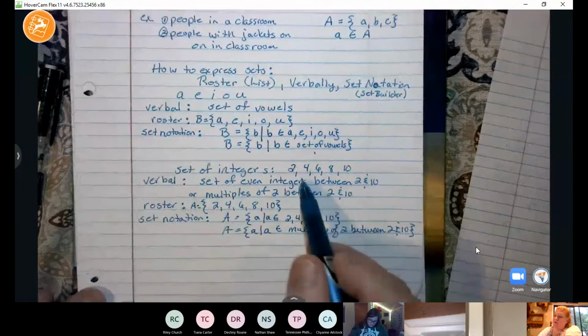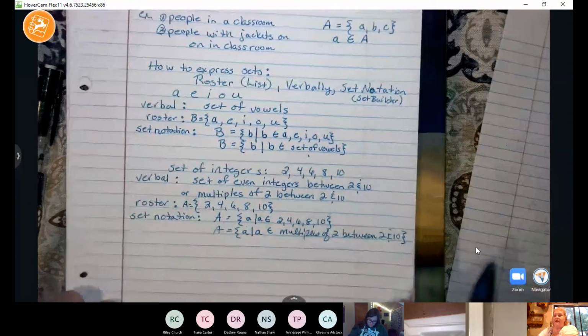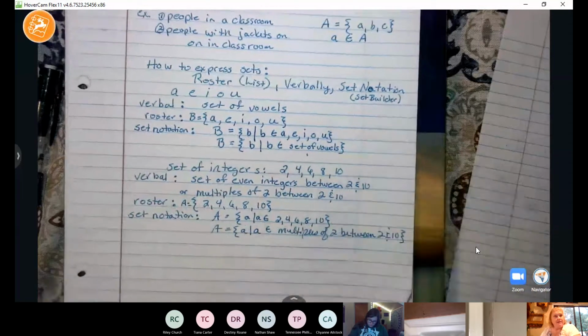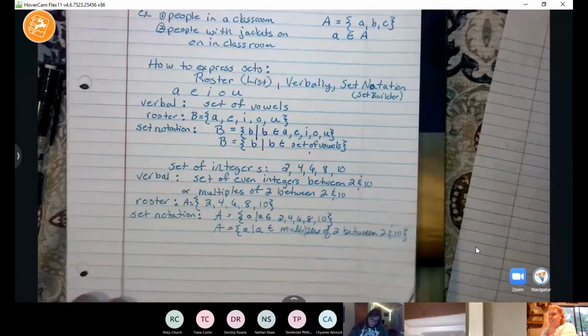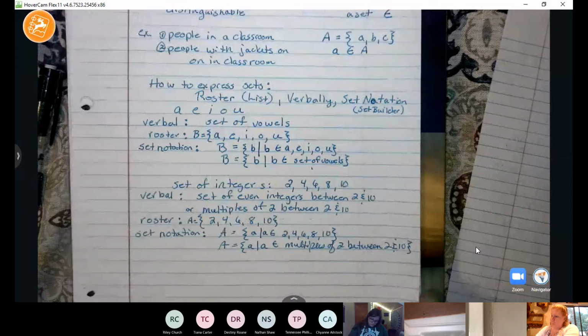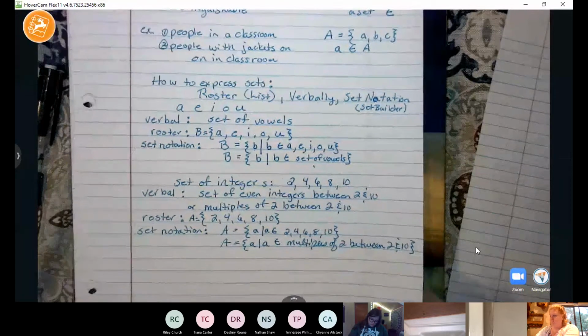Now, if our numbers did continue on forever, we would use the 3 dots, which are called ellipses, to show that it goes on forever. All right, moving on.